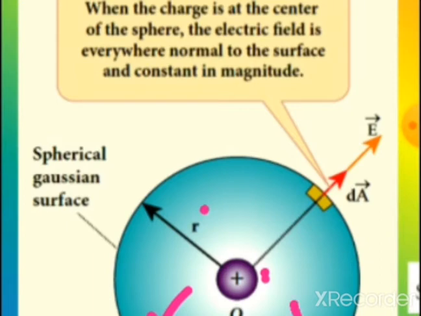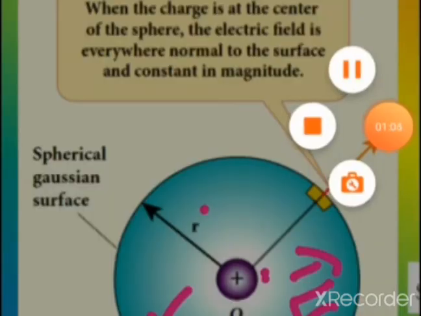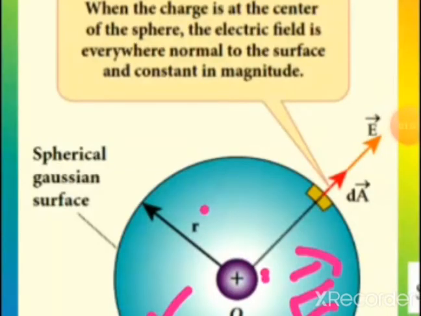The electric field E is normal to the surface and its magnitude is constant. Are you understanding? The charge Q is placed at the center of the sphere, and the electric field E is normal to the surface and the value of E is constant.